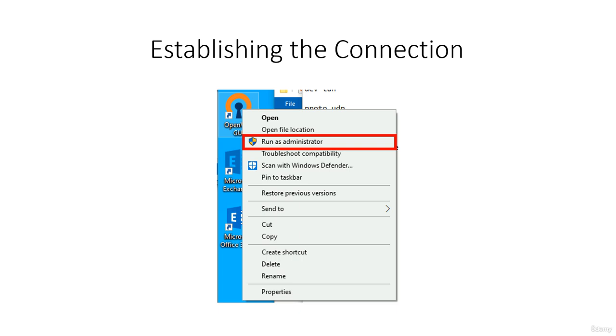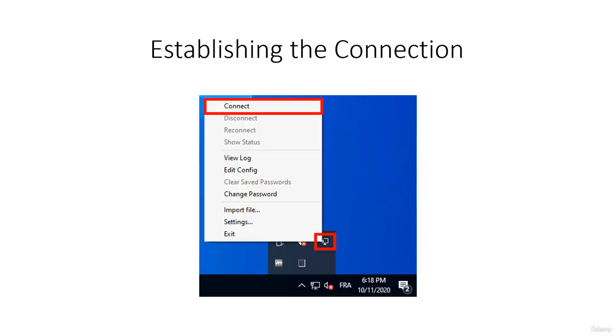After clicking run as administrator, it will open an icon in your taskbar. Right click on this button, which is the computer icon, and just click connect.